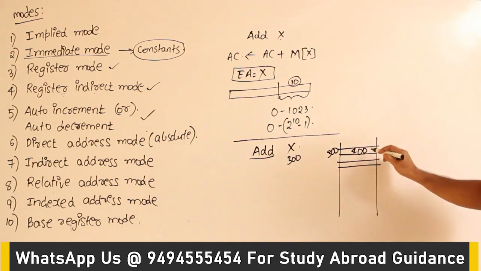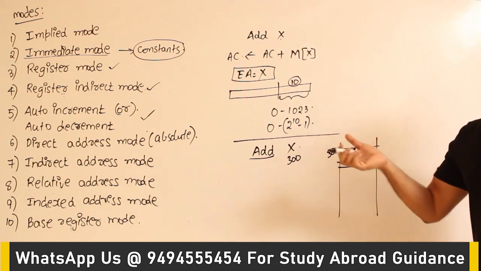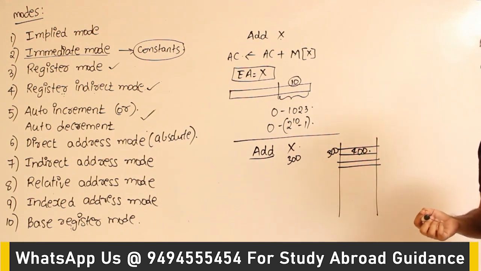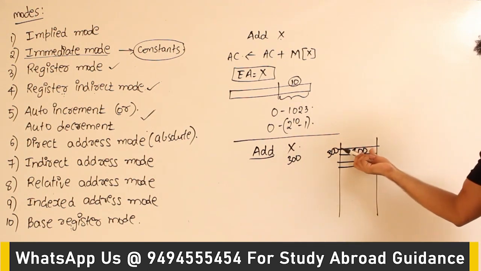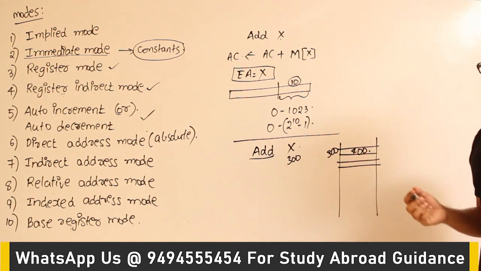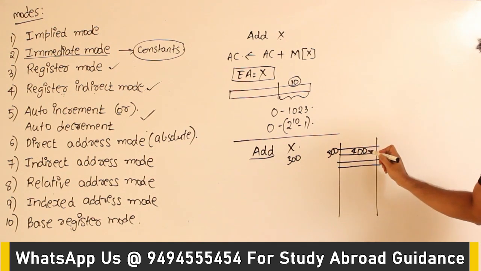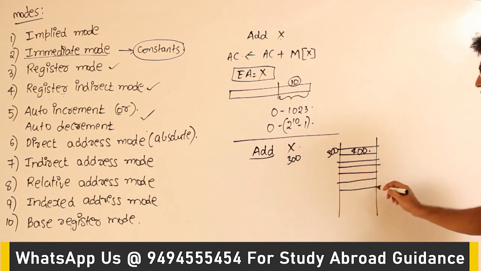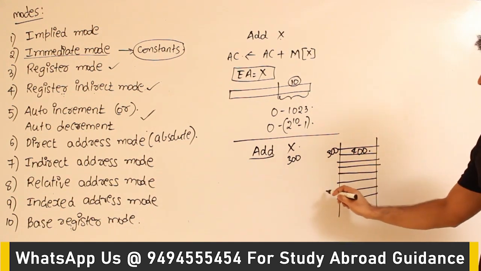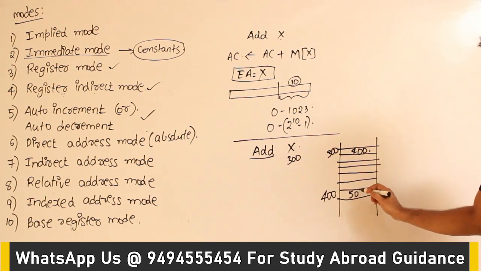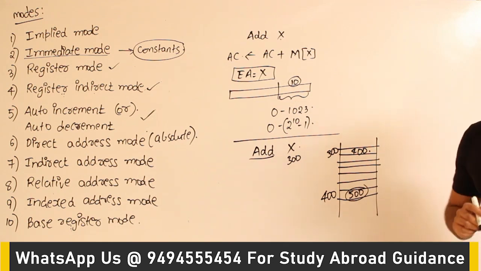And this number is not going to be the operand. In case of direct addressing or absolute addressing, this particular number 400 is going to be the operand, but in this case 400 is not the operand. We are supposed to take this number and again go into the memory and go to the location specified by this number. Let's say 400 is here, then this 500 has to be taken.